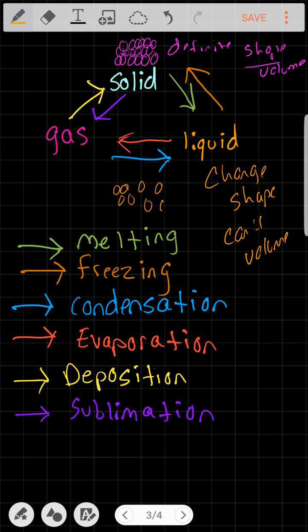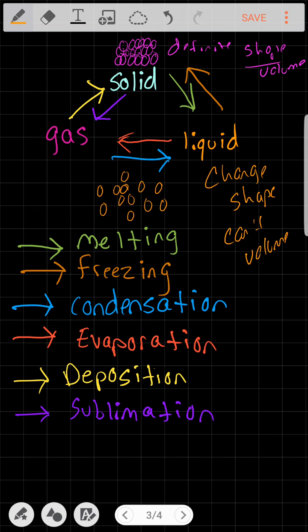They're farther apart than they were as a solid, but they're not so far apart that they can just float away. So they're far enough apart to where they can change their shape, but they can't occupy an entire chamber. So they can't be compressed and they can't be expanded unless you, of course, increase the temperature or increase the pressure.